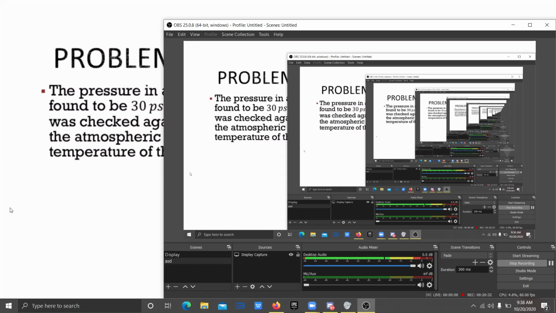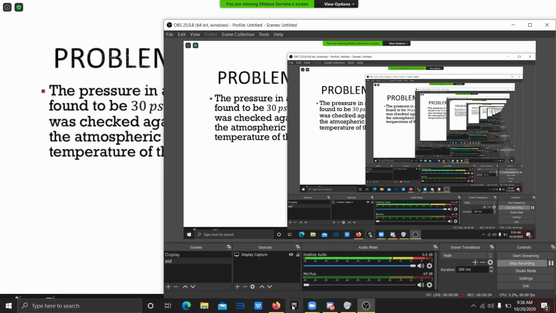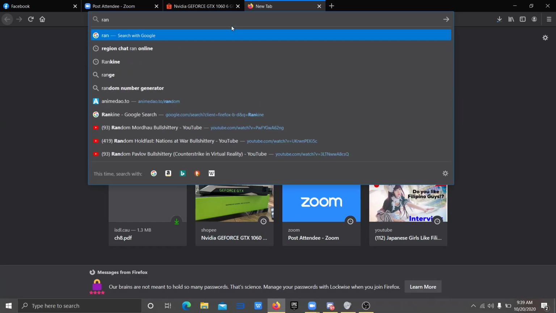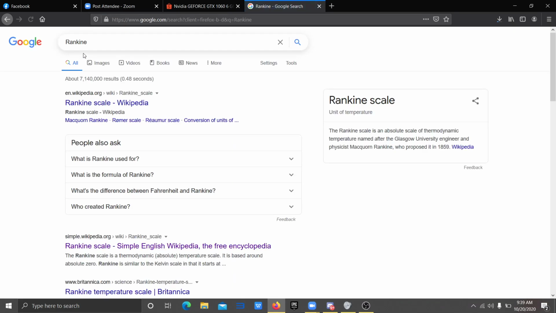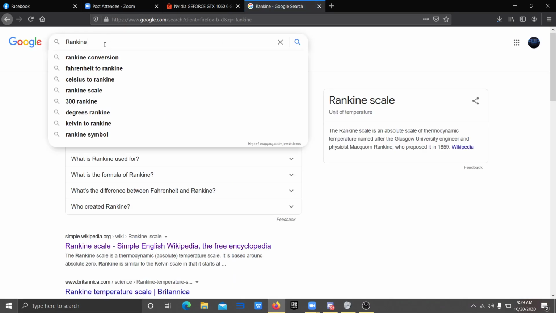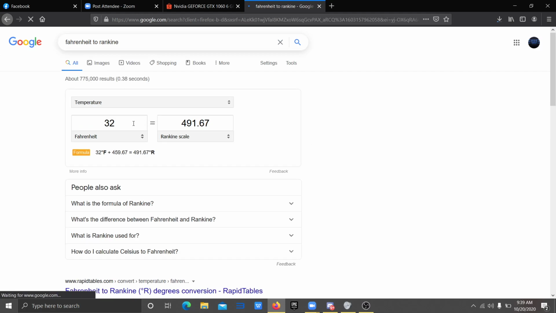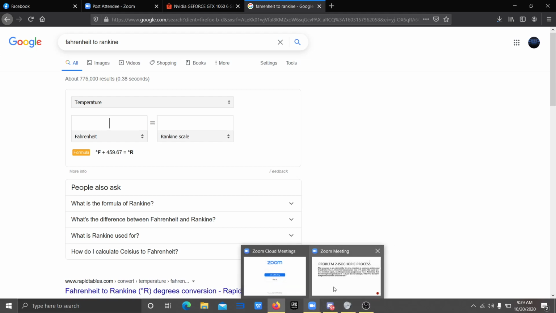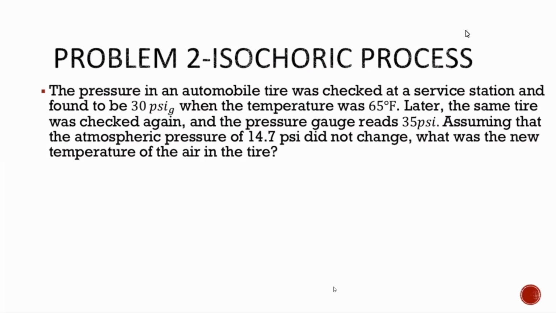Later, the same tire was checked again and the pressure gauge reads 35 PSI, okay, another gauge pressure. Assuming that the atmospheric pressure of 14.7 PSI did not change, what was the new temperature of the air in the tire? Okay? So, ang hinahanap natin is T2.